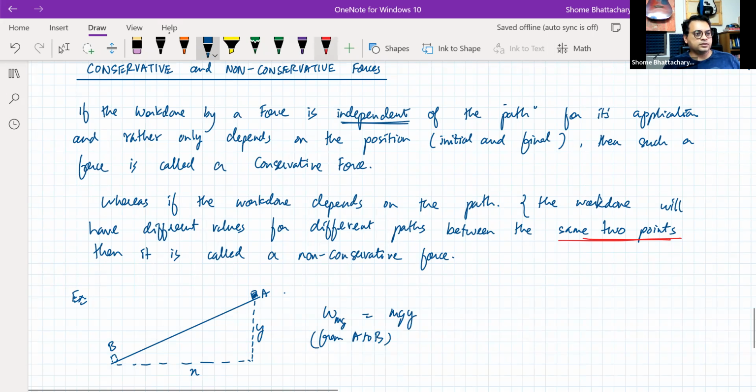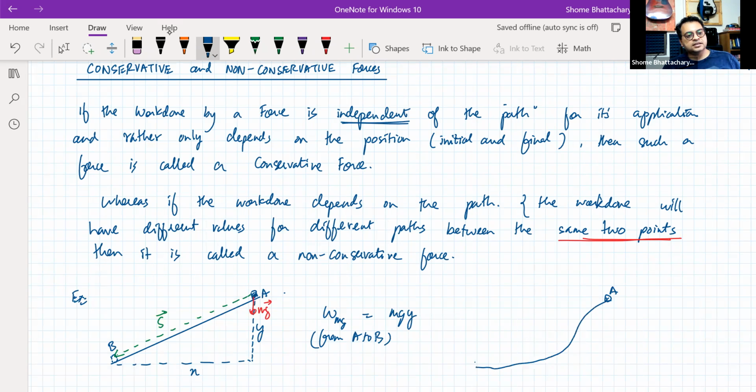Now we'll take the dot product of mg with the displacement, right? Now let's take another situation where we have the same initial point A, but we have this kind of a path, and that's taking us to the same final position B. What we mean by same initial and final position is that the coordinates are the same.